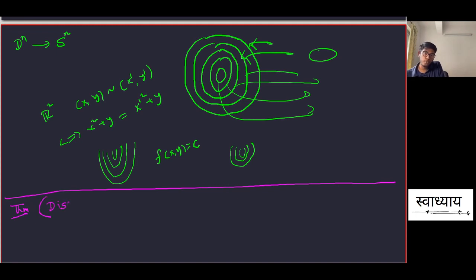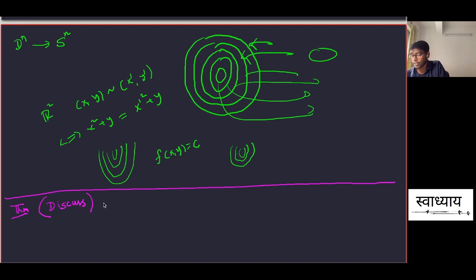I leave it to you to discuss, because the proof is exactly the same as what we have discussed for the previous theorems: if we have a map from X to Y which preserves the equivalence relation, then we will get a continuous map from the quotient space.